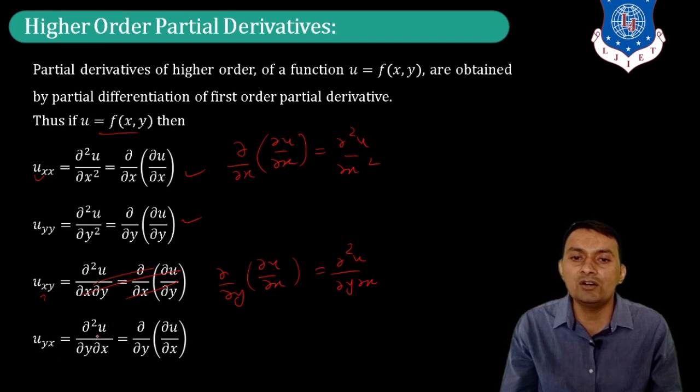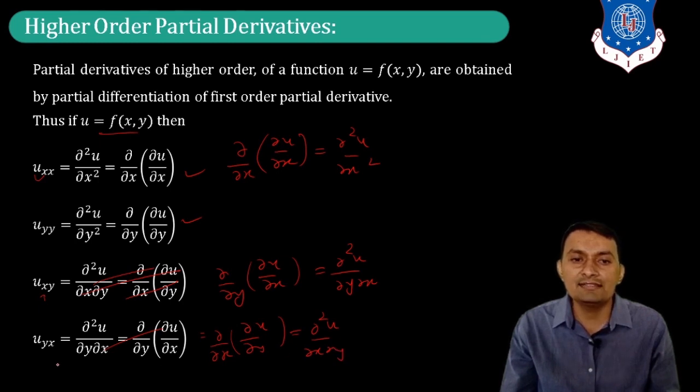But if I talk about uyx, in that case first I have to determine the partial derivative with respect to y, and later on the partial derivative with respect to x, and that is going to be del square u divided by del x del y.